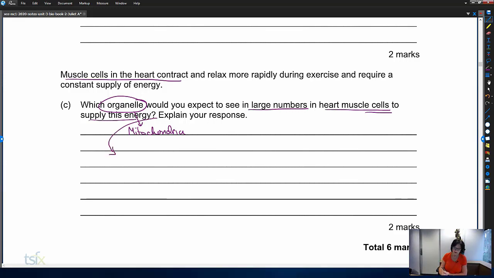And what you had to talk about is contraction of the muscle cells requires high levels of ATP energy.